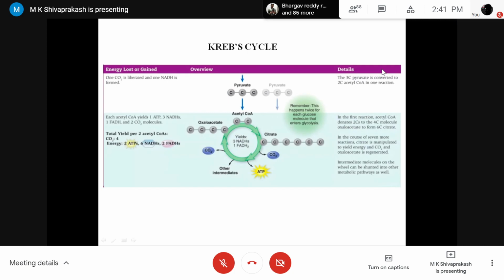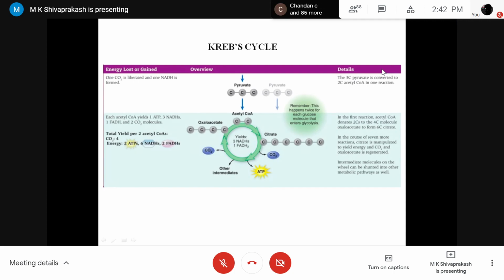While talking about the Krebs cycle, you must remember it is many times referred to as the amphibolic cycle. It occupies the center stage of both catabolic and anabolic pathways, because on one side it produces NADH, FADH2 and so on, which, when passed through the terminal electron transport system, yield ATP molecules.